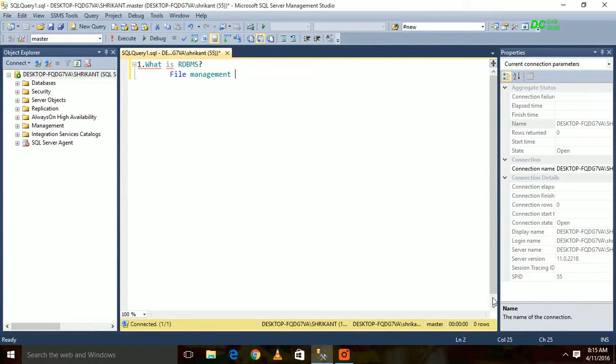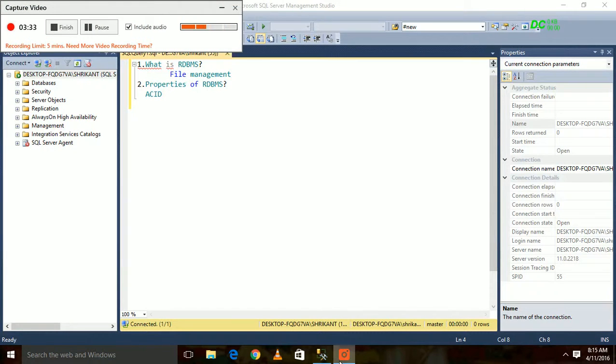What are the properties of the Relational Database Management System? Any database system which satisfies the ACID properties is called a relational database management system.